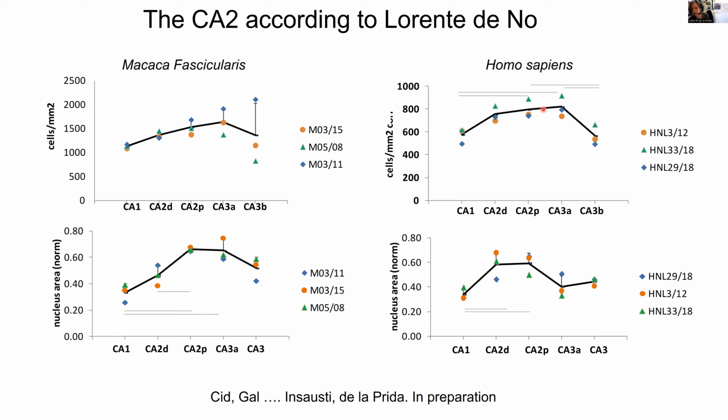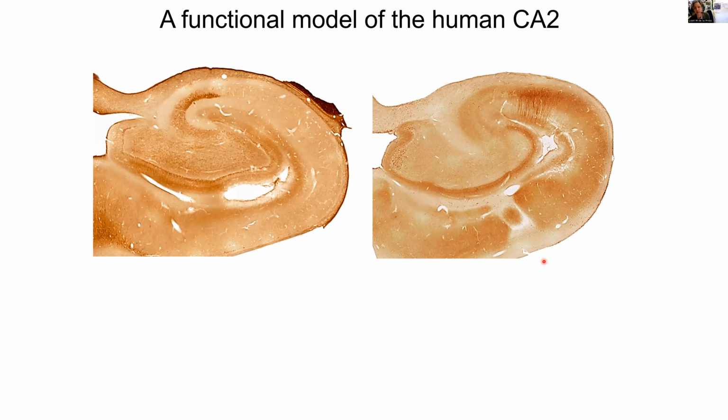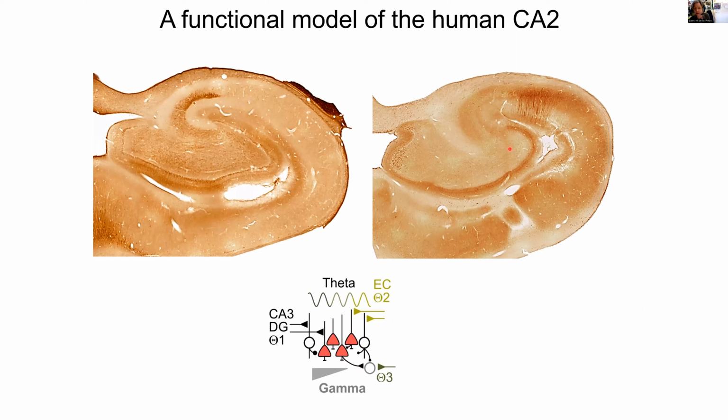And this is for humans, similar to monkey, the density of cells across the regions and the area of the nucleus. So CA2 in human, as well as in other species, is functionally organized in proximal and distal regions, and the inputs converging in the area are important to determine the functions.